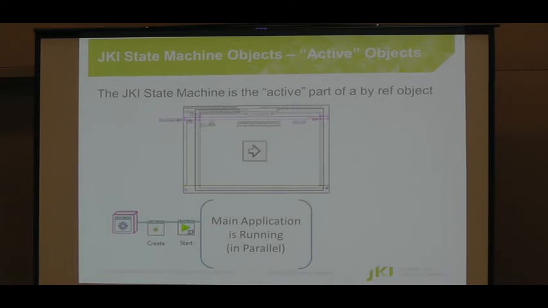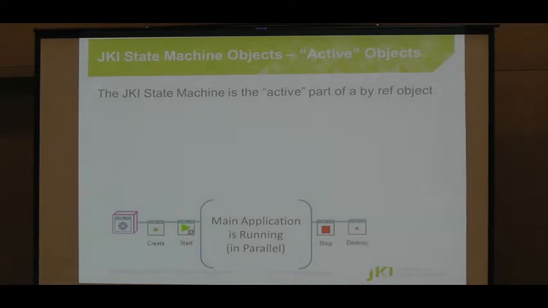There's no blocking VI called run the state machine. It just happens behind the scenes. When we hit stop, the state machine is sent a message to stop. And when we call destroy, the state machine goes away. When I say the state machine instance is created and destroyed, what I mean is the VI that has the JKI state machine on its block diagram.